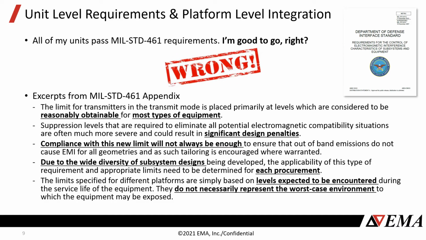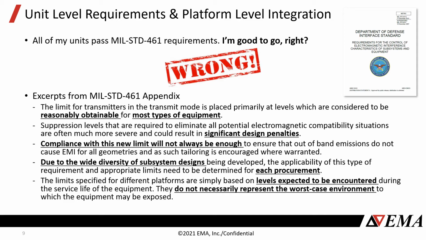If you look in the appendix of MIL-STD-461, there are some great explanations. I'm not going to read through all of them right now, but basically the appendix says these are guidelines, and we can't possibly consider every scenario or configuration for how you might hook up a transmitter or receiver on a platform: filters, cables, antenna positions, types of antennas.